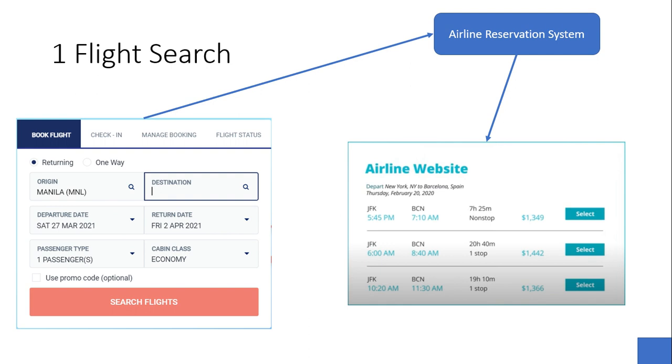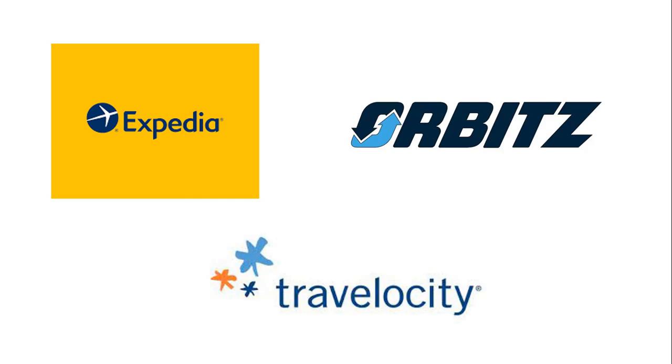So, also, di ba yung unang slide, we can directly search a flight in their airline website. Also, we can use Expedia or our OTAs, online travel agencies, to search online. So, mostly yung mga gumagamit ng mga Expedia or Bits, Travelocity, is yung mga gustong mag-book ng flights na maraming destination.